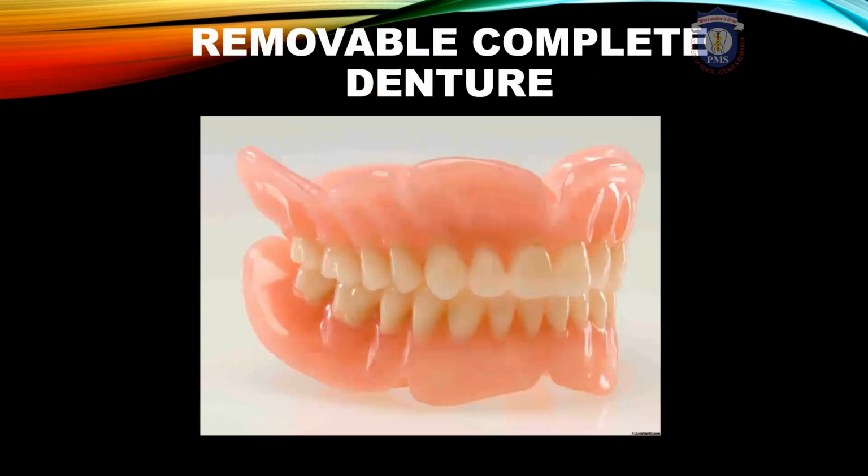When you come to removable complete dentures, you can see in this slide a complete denture where the upper and the lower members hold all the teeth. When a patient comes with none of the teeth present, or all the teeth missing, we can give a treatment like this. That's the removable complete denture.